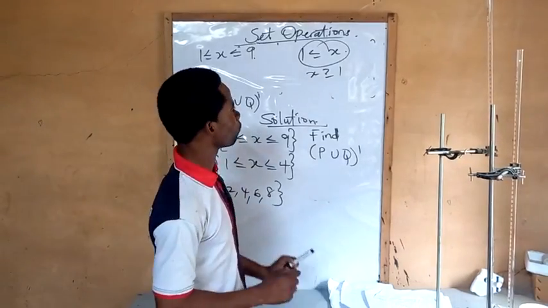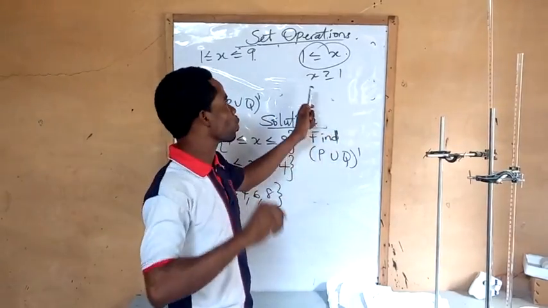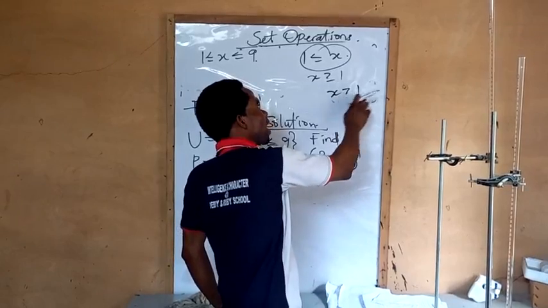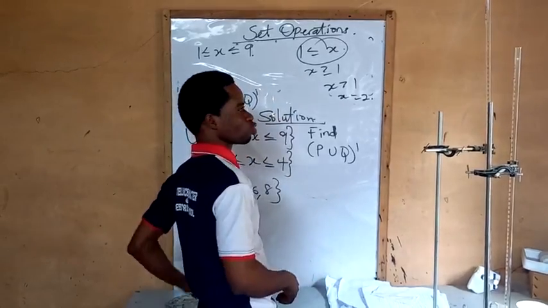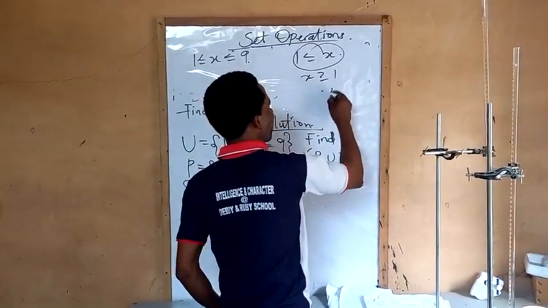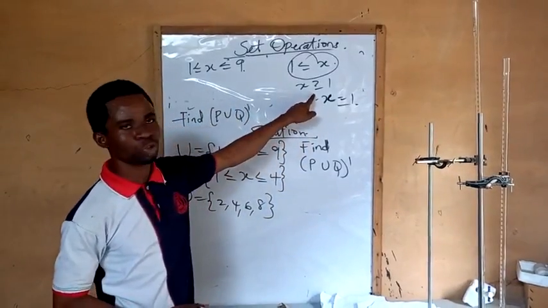But don't be confused. They say or equals to 1. Anytime you see or equals to, if they just say x is greater than 1, that means x is 2. But they now say or equals to 1, that means x is 1, because of this or equals to that is there.